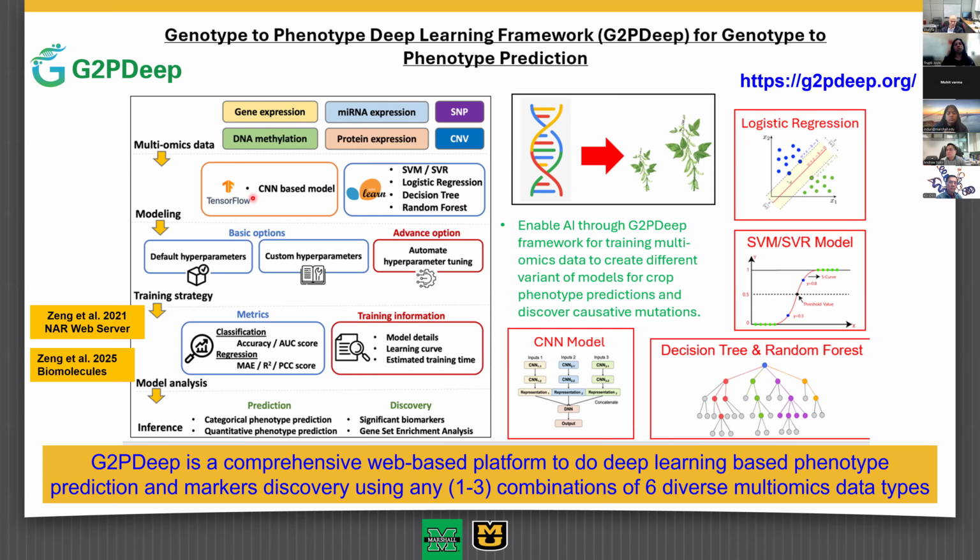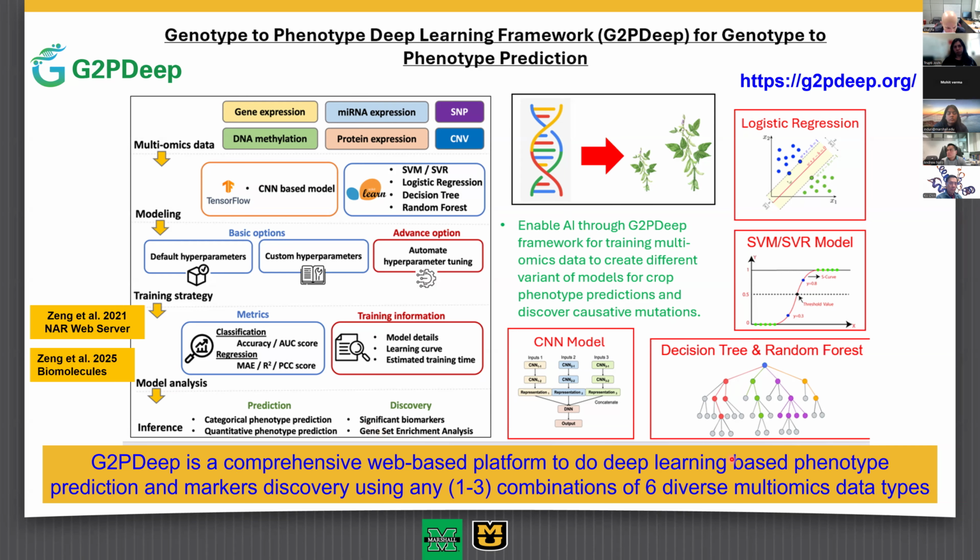And the goal is really to use these combinations of multiomics data to predict phenotype. And this one actually allows, through a web-based interface, automated hyperparameter tuning. It then looks at accuracy, but at the end it also pulls out literature inferences or identifies biomarkers and can do both quantitative phenotype prediction or qualitative phenotype prediction.